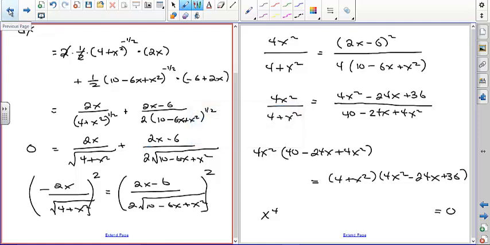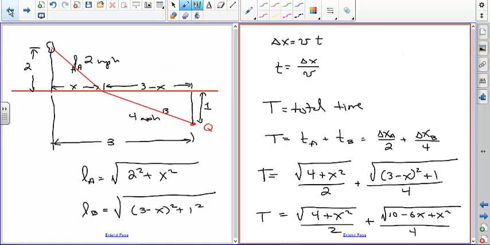The key thing to remember, let's go back and not get lost in the algebra. The optimization situation is we defined variables, and ultimately we only had to define one variable, x, the distance along the beach to where he touches the beach. The domain is between 0 and 3.